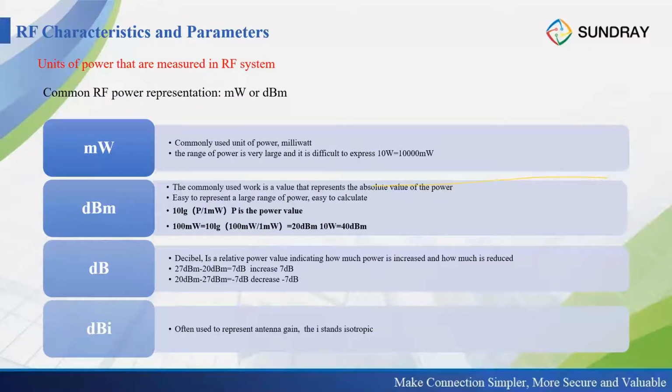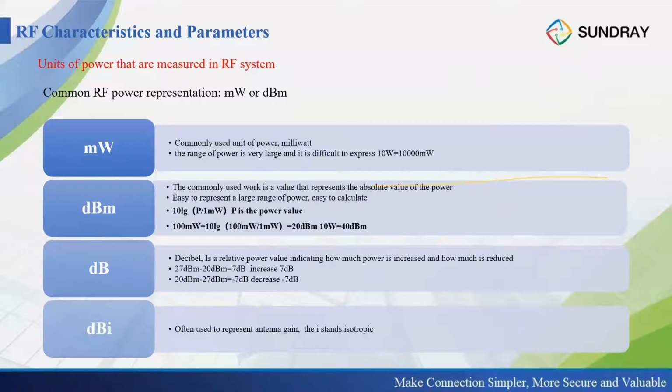So this is hard to present very large or very small power, because sometimes we have negative values. Sometimes we have a signal like 0.00001 milliwatts. If you use milliwatts, it's hard to write or express. So people also use dBm.